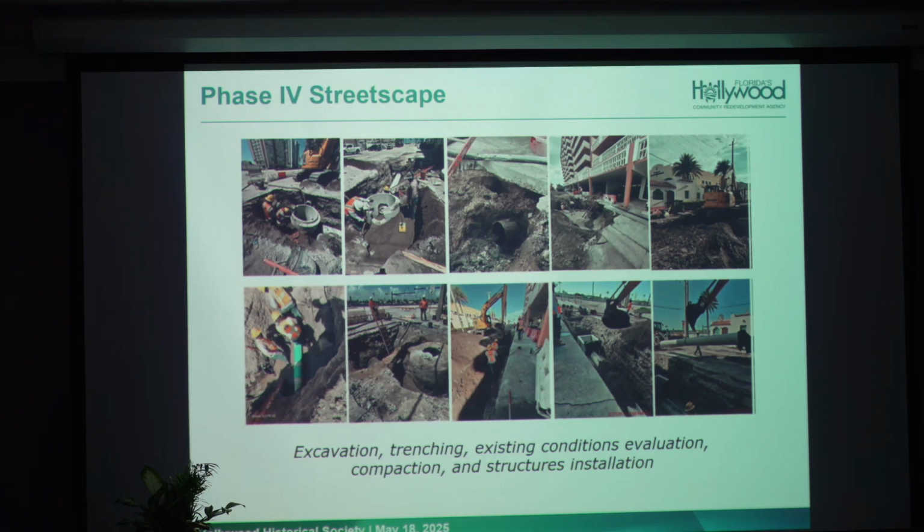But this is what we're looking at on the beach: the excavation, trenching, existing conditions, compaction, and structures installation. And this is what's going on at the beach as far as the undergrounding and improving of utilities and undergrounding of the overhead.